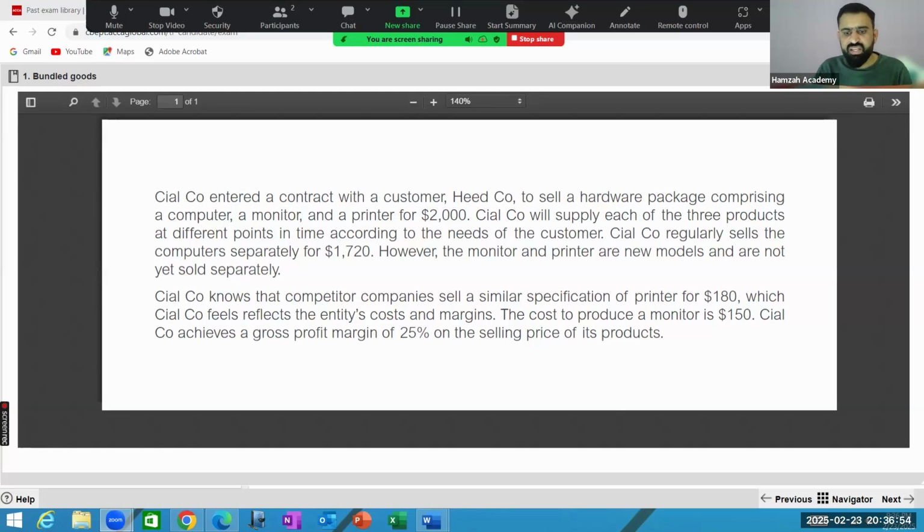So C company entered a contract with customer Heat company to sell a hardware package comprising a computer, a monitor, and a printer for $2,000 US.